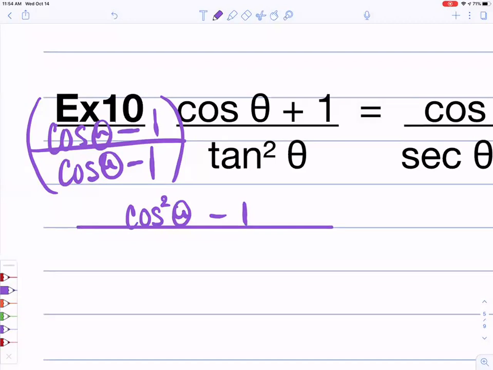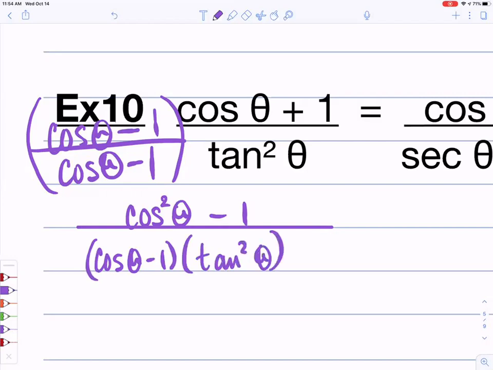Okay, now on the bottom, for the time being, I'm just going to leave it, I'm not going to multiply. Actually, I'm not going to multiply, but could I change the tangent into something? Sine over cosine? Actually, sine squared over cosine squared?